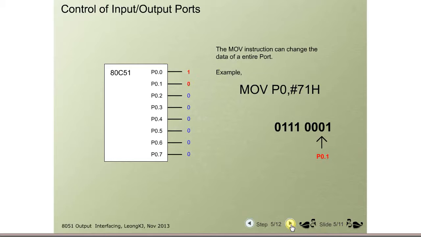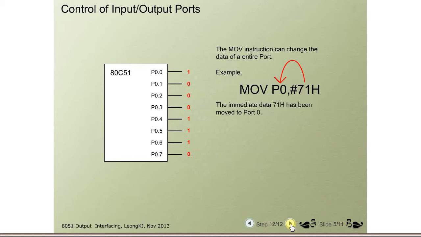This signal 0 will go to port 0.1. This signal 0 will go to port 0.2. This signal goes to port 0.3, and so on. The immediate data 71 hex is moved to port 0.